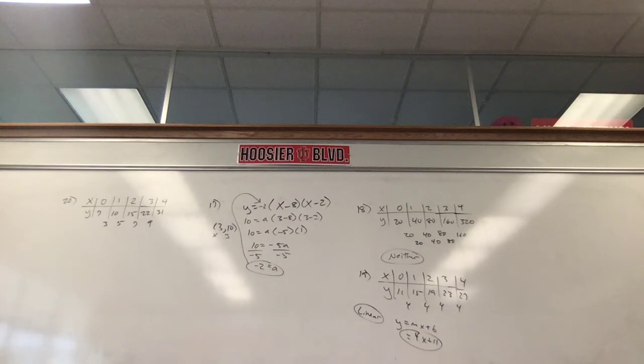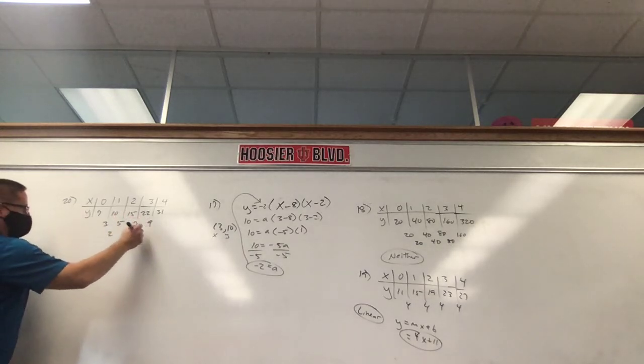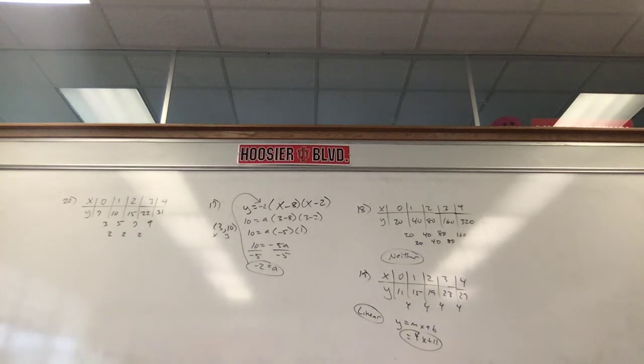It's not linear, because the first time we went through it, they weren't the same. So we do it again. 5 minus 3 is 2, 7 minus 5 is 2, 9 minus 7 is 2. It is second degree, it is a quadratic, because the second time we did it, the numbers were the same.